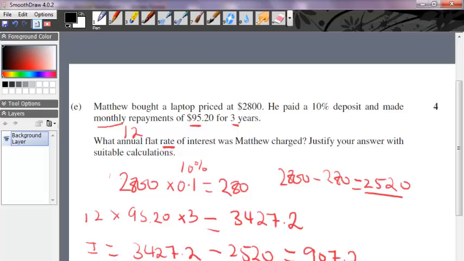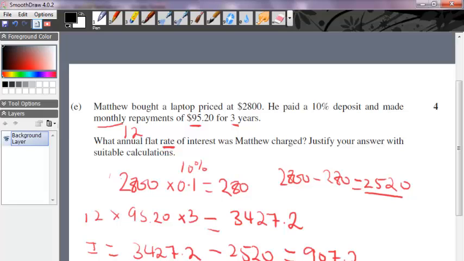What's my very initial amount that I had interest on? 2,520 times R, which I want to work out. But remember, R is over 100, right? Because percentage. Times by, and then how many years?